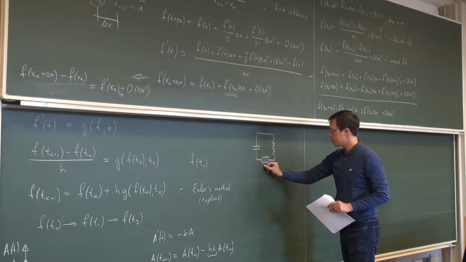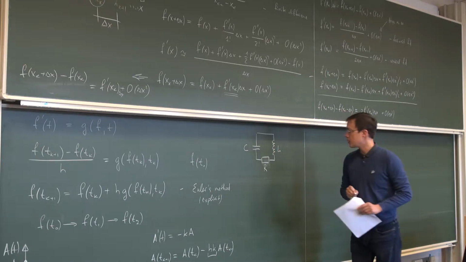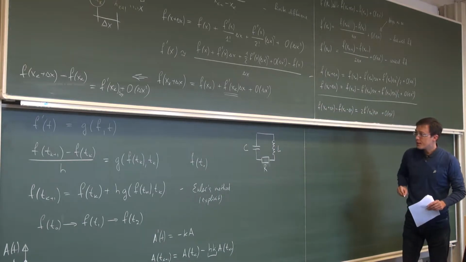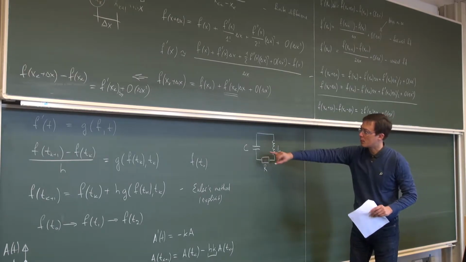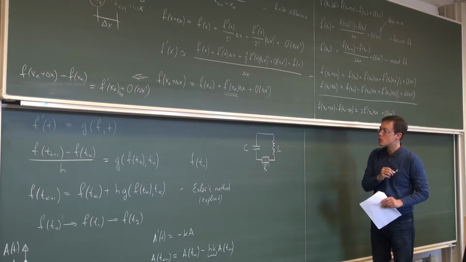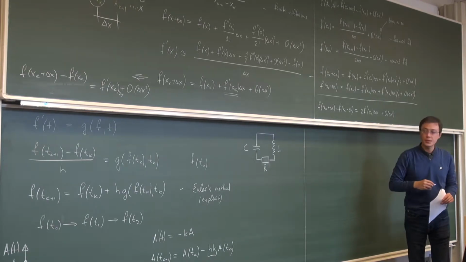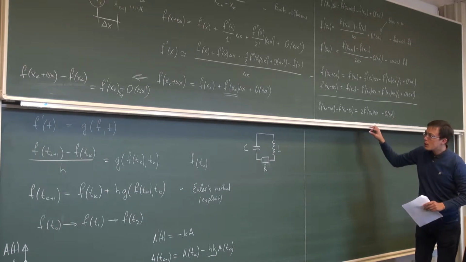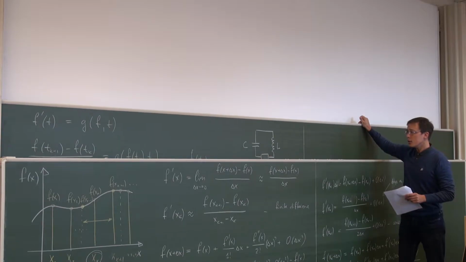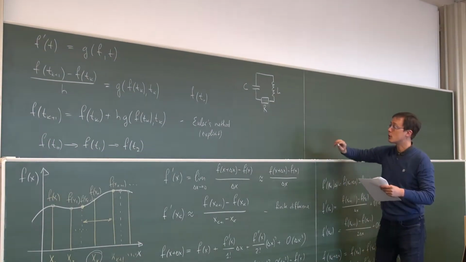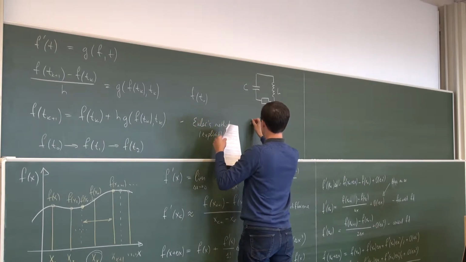So if that resistance is R and this capacitance is C and this inductance is L, then if we do have some current in this, so for example if the capacitor was initially charged, then you know that this thing will oscillate and these oscillations will decay. And after you go through a lot of physics of what exactly is going on here, you end up with the following differential equation for the current in this circuit.